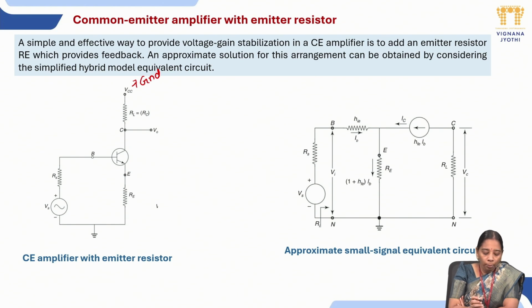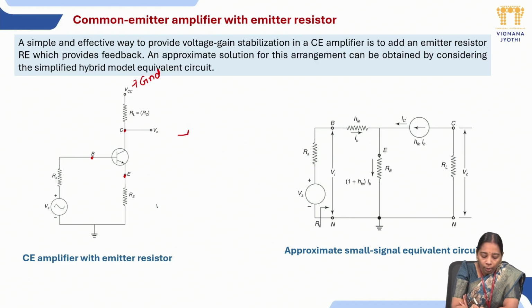In the third step, we have to mark base, emitter and collector, and we need to convert this transistor into the H parameter equivalent model. Then we have to go with all the connections. So initially we just draw the transistor in the approximate model.